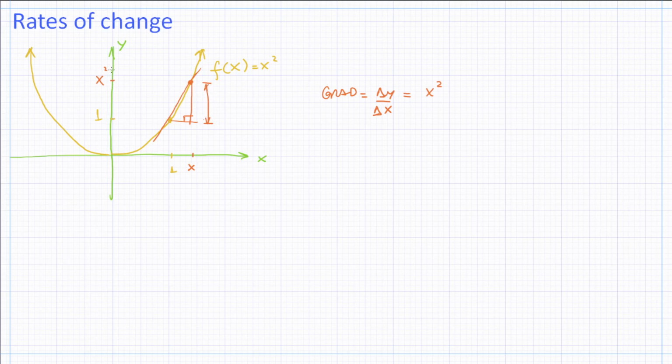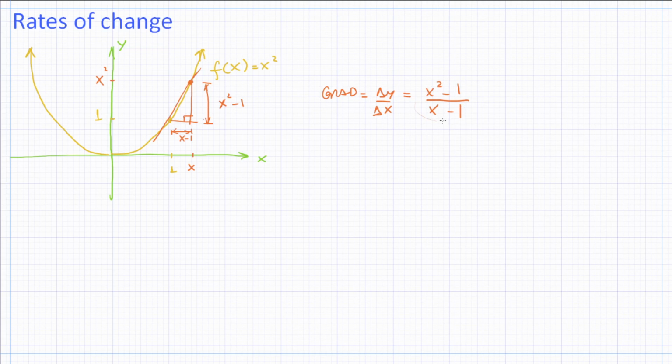Well, it's this minus this, right? So x squared minus 1 over delta x. So rise over run. What is this length here? Well, if this is x, this is 1, this is x minus 1. X minus 1. Right? So far so good.